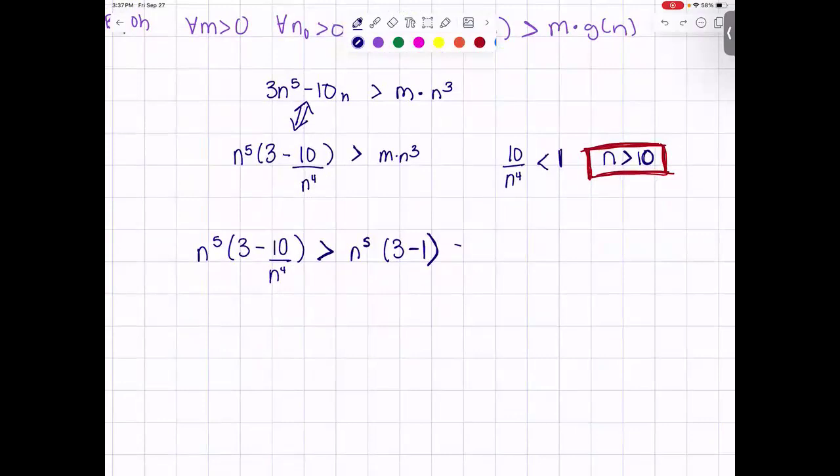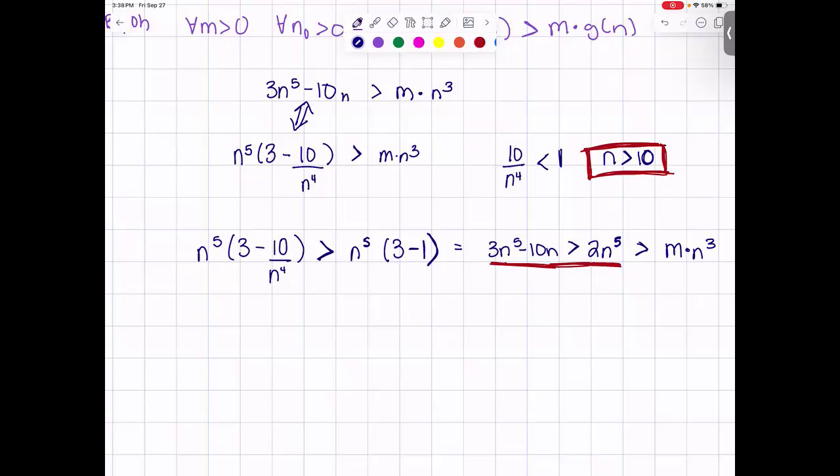So what that ends up being is 3n to the 5 minus 10n is greater than 2n to the 5, which is hopefully greater than m times n cubed. So that's sort of what we've done so far. We've managed to find an n where we can prove that that whole statement is true.